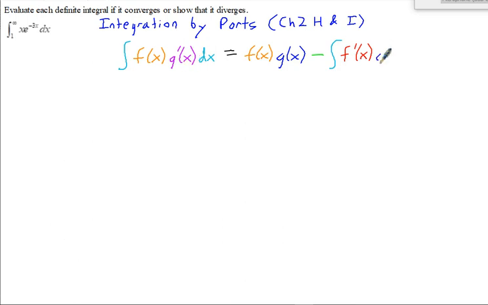For integration by parts to work, this should end up being simpler. This part's already integrated. That's why it's called by parts. Part of it we've integrated, part of it we still have to integrate. This integral here should be simpler than what we started with. So for this one, you just have to decide which part to set equal to f of x and which part to set equal to g prime of x.